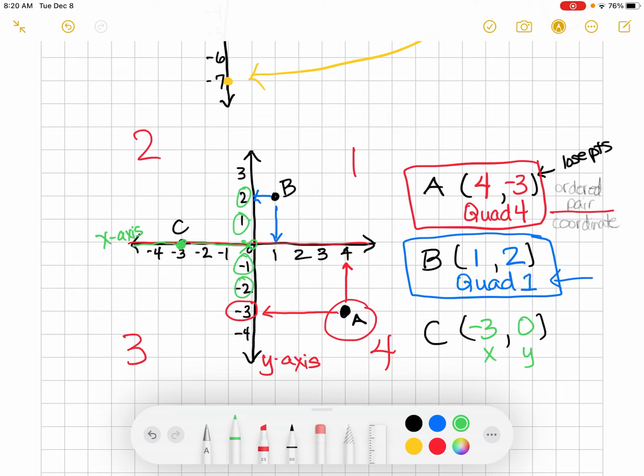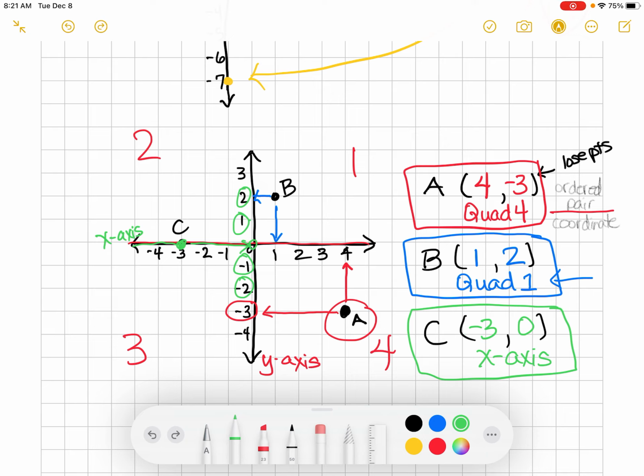The Y is 0. And then when it asks what quadrant, that is actually not in a quadrant because it's on a line. So instead of saying which quadrant, I'm just going to write X-axis. Okay, and I can tell that it's on the X-axis because the number, not the 0, the number is in the X spot.